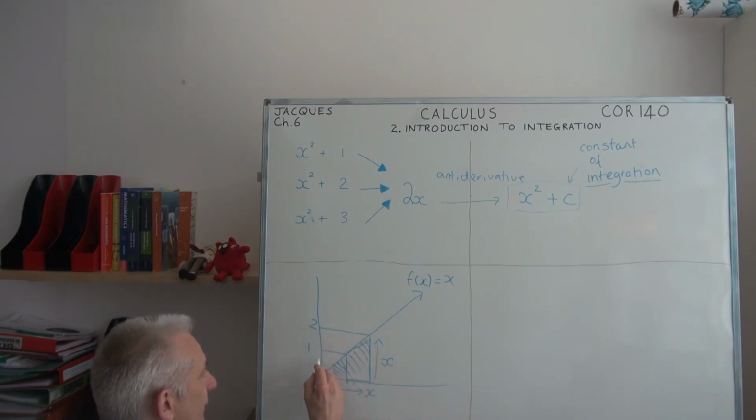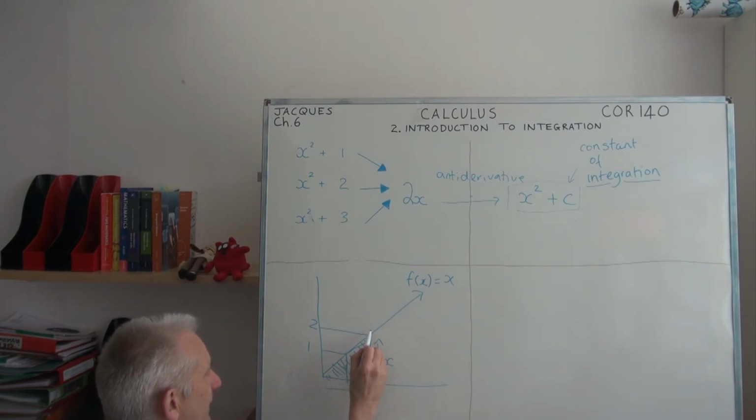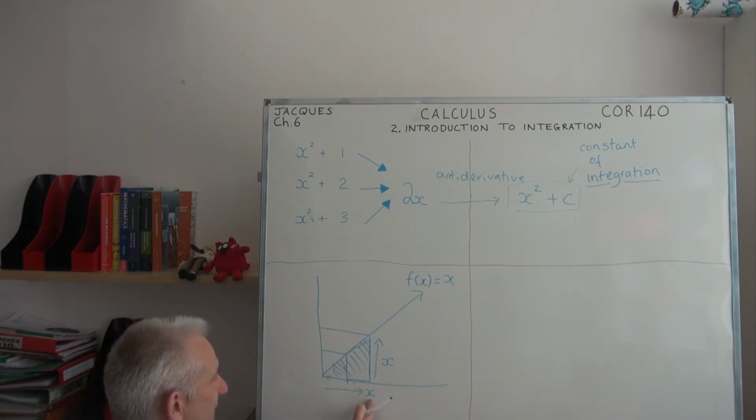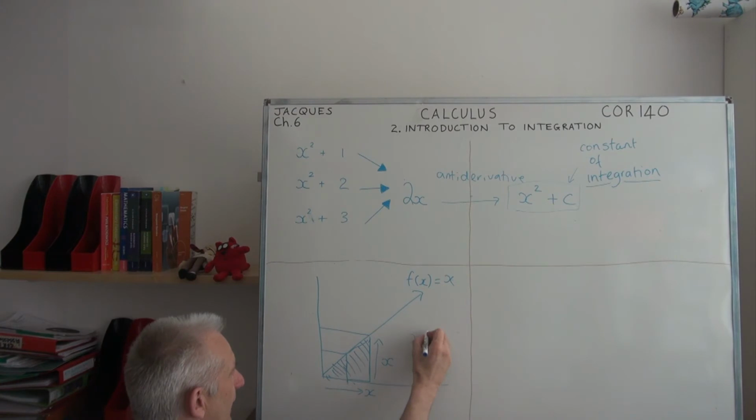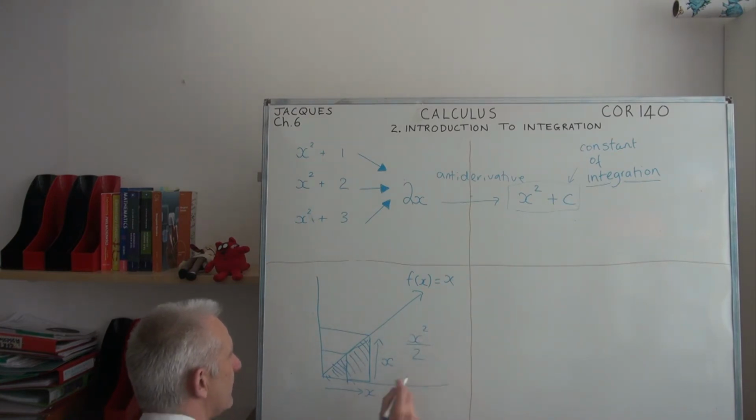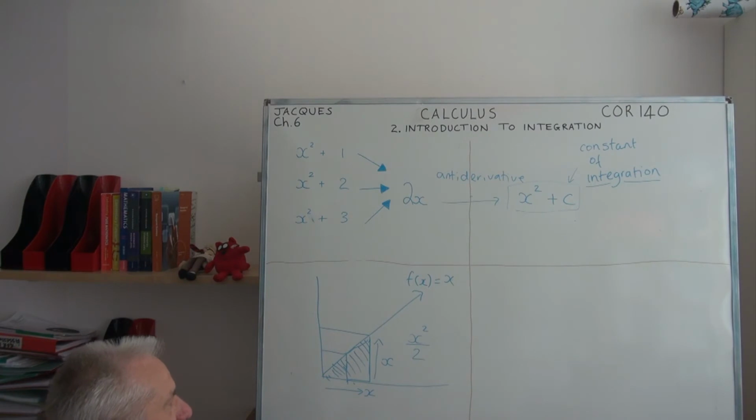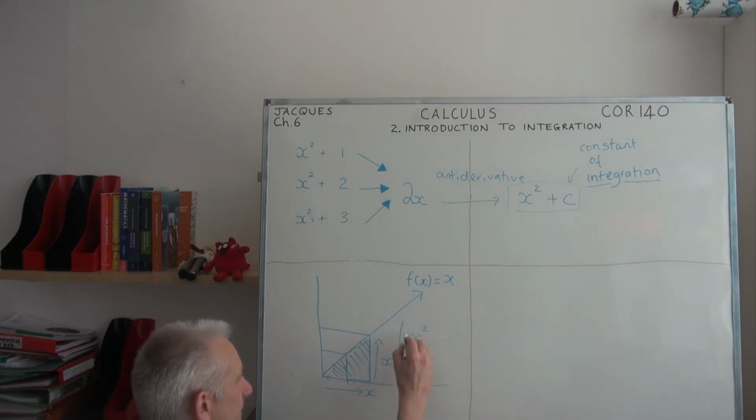What we've got then for a triangle is the length of the base multiplied by the height divided by 2. That's how we work out the area of a triangle. Now in this case, the base is x, the height is x, so the area under that particular function is x squared over 2. And clearly the area increases or decreases as we increase or decrease the value of x.